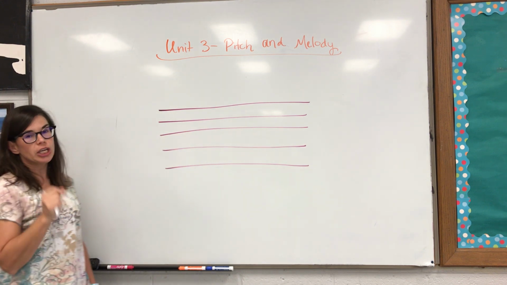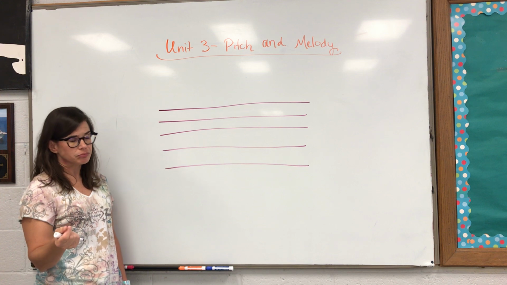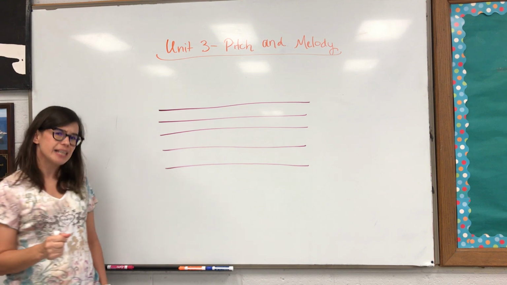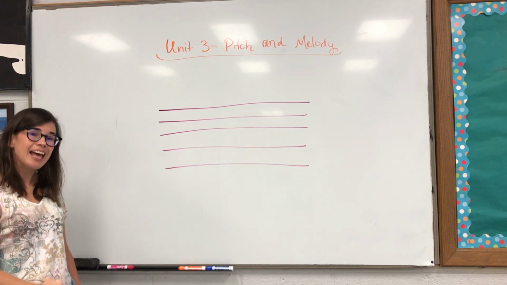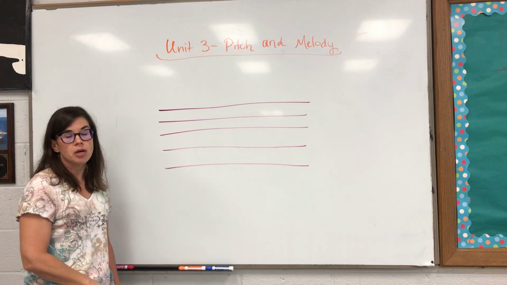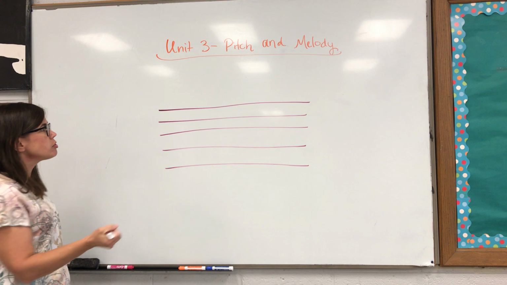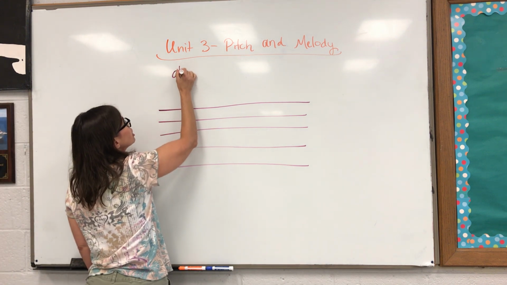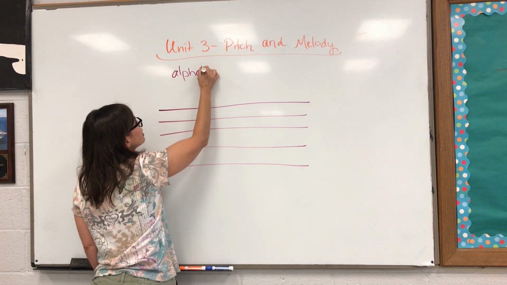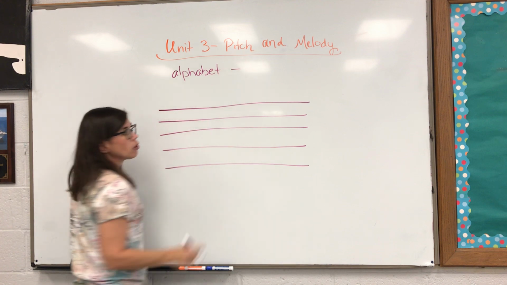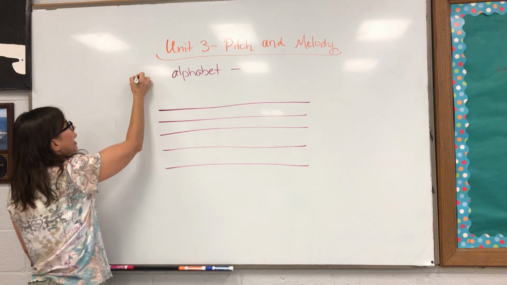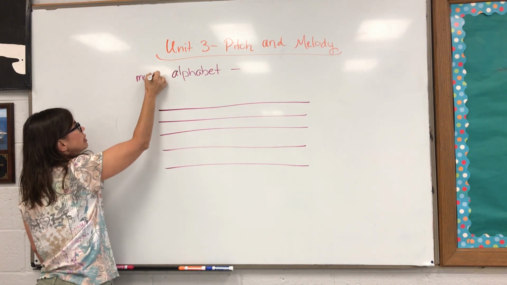Now, when we're looking at notes on the music staff, where they are on the staff is going to tell us the letter name of a pitch. Our pitches in music have letter names. And in music, we only use the first 7 letters of our alphabet, okay? It's called the music alphabet.